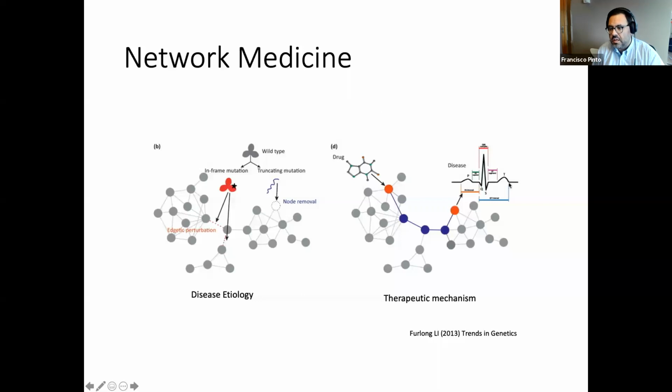It is also possible, knowing drug targets, so you know that this drug binds to a given, for example, protein kinase, that is a very common drug target, or a receptor.